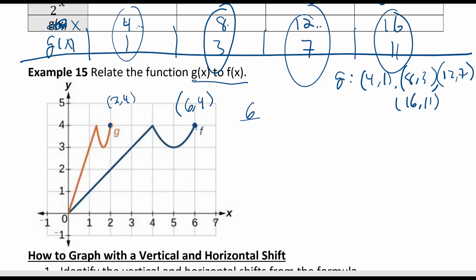And so 6 divided by 2 equals 3. So this is a compression. So I'd say g of x equals f of 3x. And that's the idea behind a stretch and a compression. So that's horizontally compressed by 1/3. Okay, then we have one more section to cover.